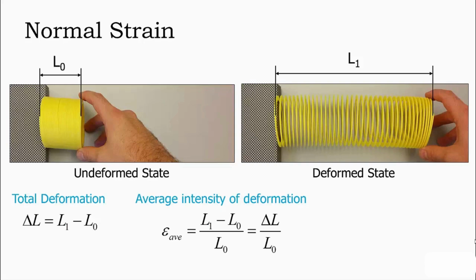We denote this strain by the Greek letter epsilon, but it is only an average in this instance. The normal strain is the limit of the average strain as L0 approaches 0. This is the intensity of the deformation at a given point.